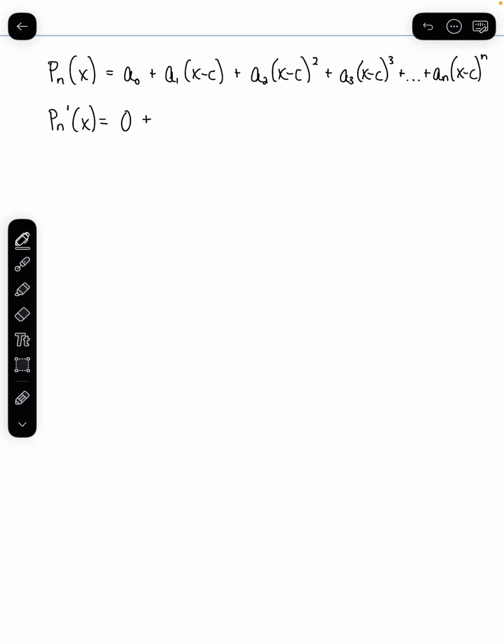It has an x minus c inside the parentheses, but since this is a linear inside function whose derivative is 1, its inside function has no effect on the derivative. So what we have here essentially is a sub 1 times x to the first. The derivative of a linear term is the coefficient of the linear term.